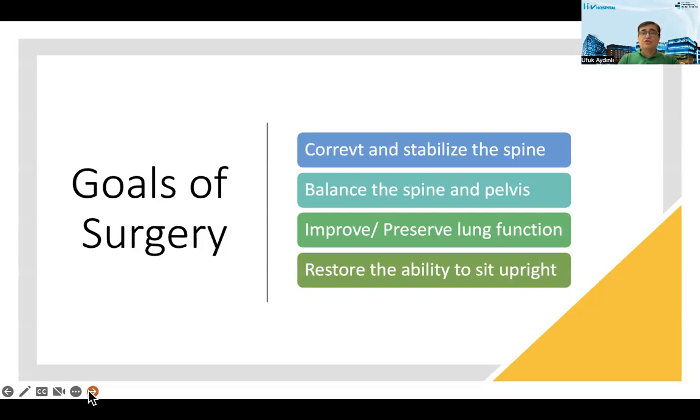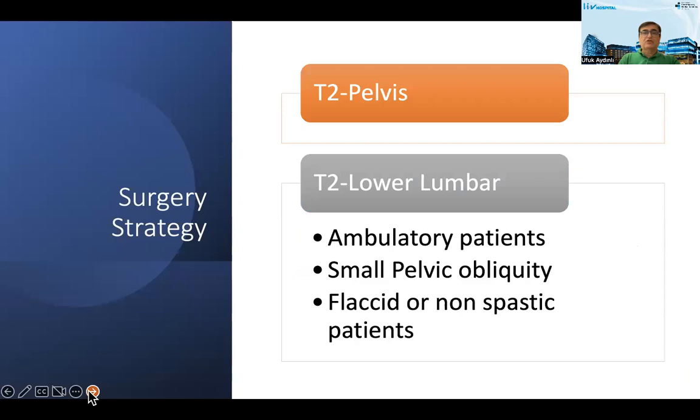The goals of the surgery: correction and stabilization of the spine, balance of the spine and pelvis, preserve and improve lung function, and restore the ability to sit upright. So the surgery strategy has two options: T2 to pelvis, or T2 to lower lumbar.